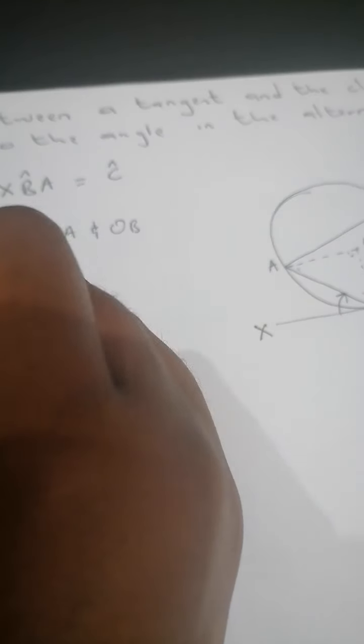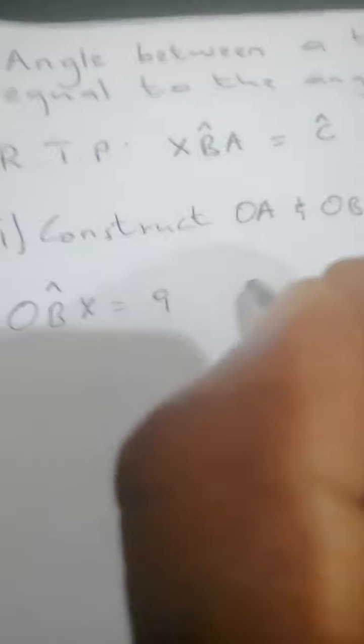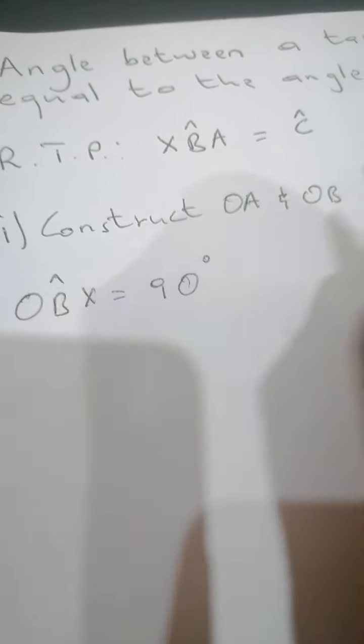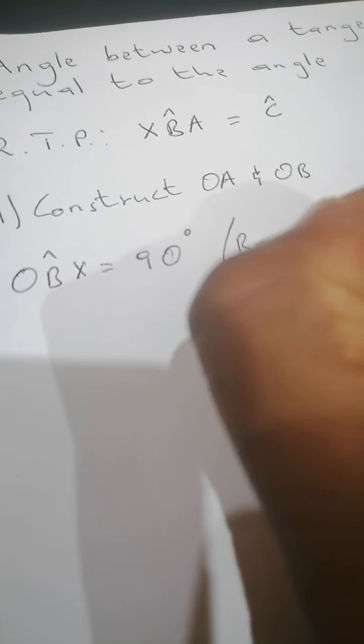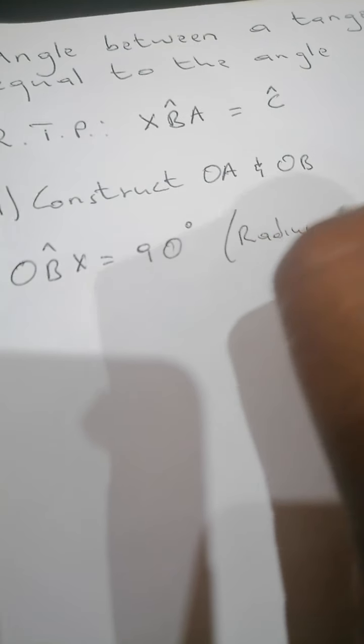So we can say angle OBX is equal to 90 degrees, and our reason will be radius perpendicular to the tangent. That's enough.